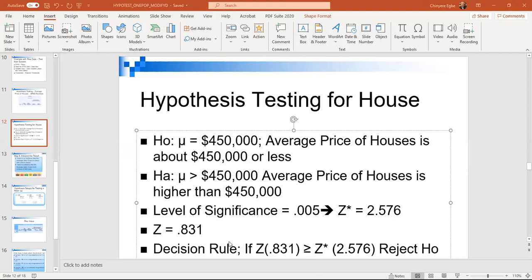Based on the Z value of 0.831, would you reject or not reject the null hypothesis? Somebody's going to be able to give me the answer. Hello? What's your conclusion? What's your decision?